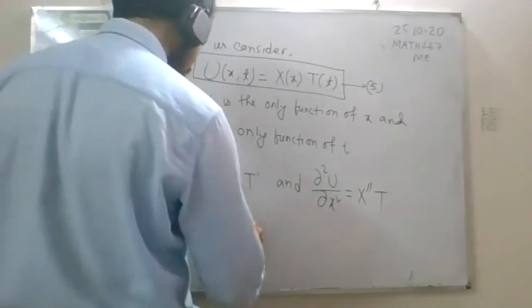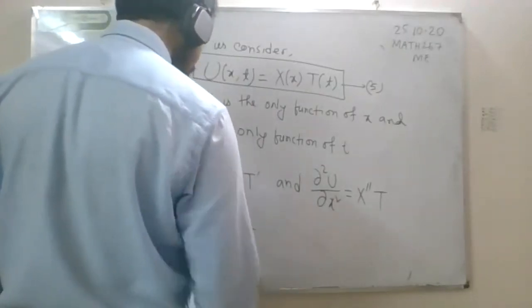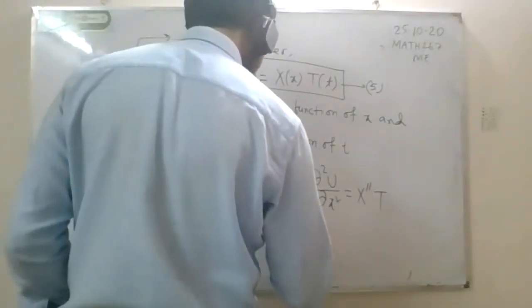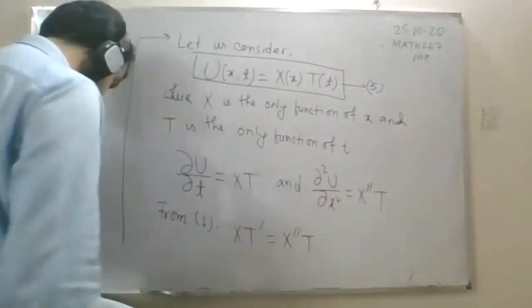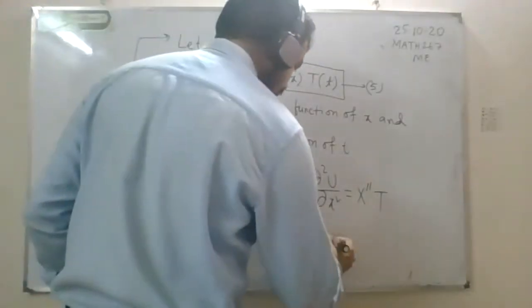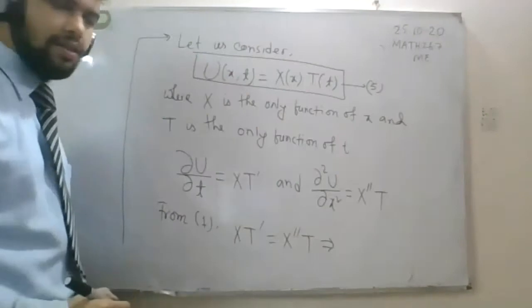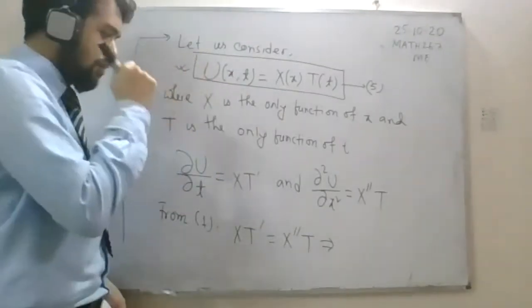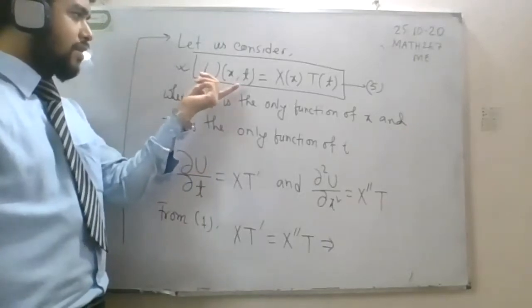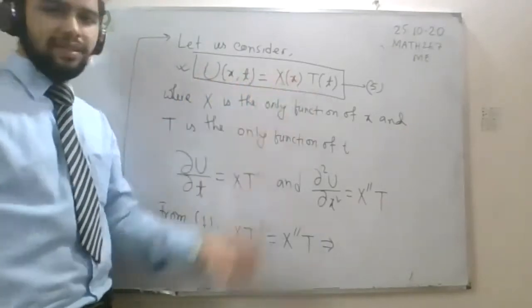So you can say this is X T prime equals X double prime T. Okay. Now from here sir, what have we assumed? Which one? Sir, del u by del t is equal to. Here, u(x, t) equals X(x) T(t).